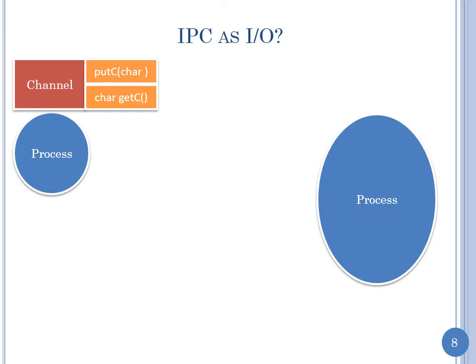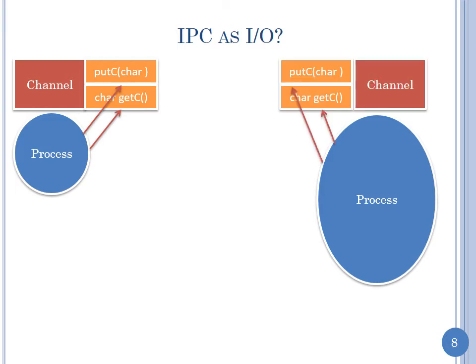Same interface, but it's a different class, if you will, with the same interface, and you have multiple parties involved. When one process does a put, another process can do a get to get that character. Both processes are using this channel object, and the objects have the same interface.